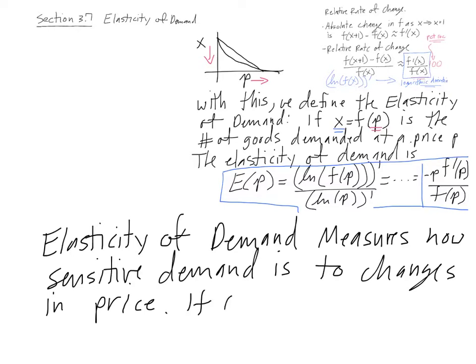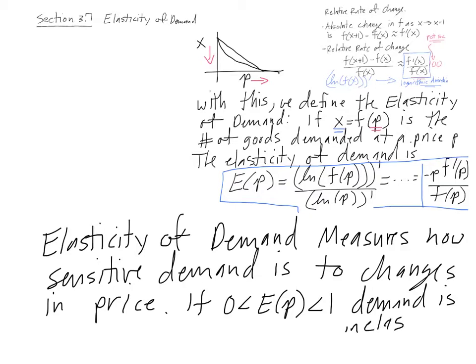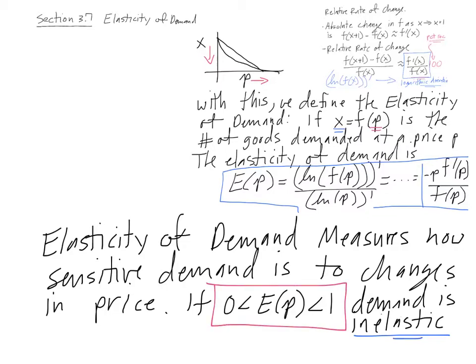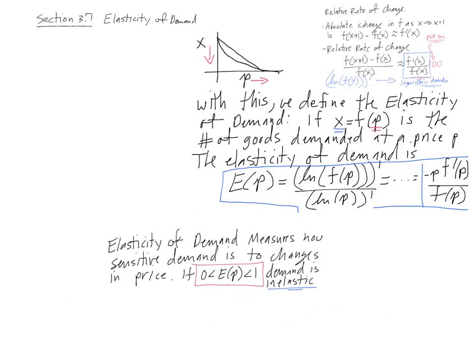If elasticity is between 0 and 1, we say that demand is inelastic. So if elasticity of demand is between 0 and 1, we say that demand is inelastic. Namely, if you change the price, the change in demand will not be that particularly big.